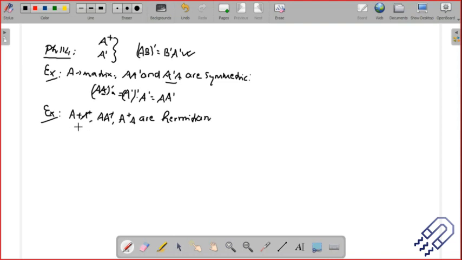And maybe I can give you an example of skew Hermitian: A dagger minus A maybe. So you have to just prove it's Hermitian or skew Hermitian.